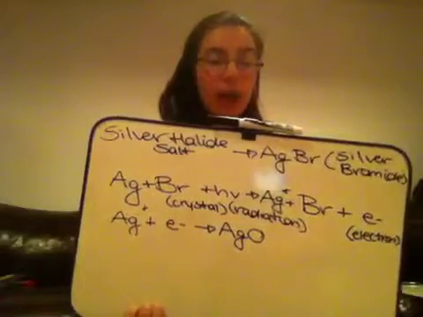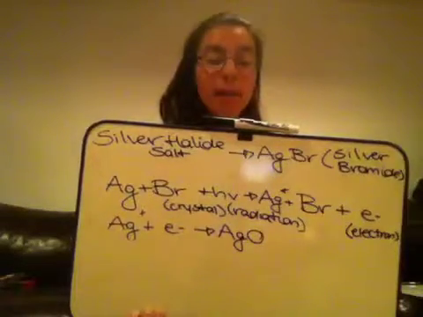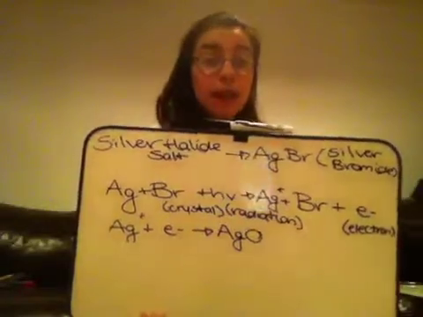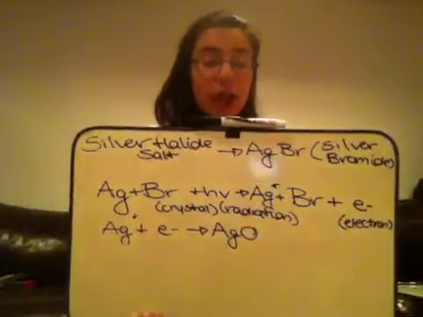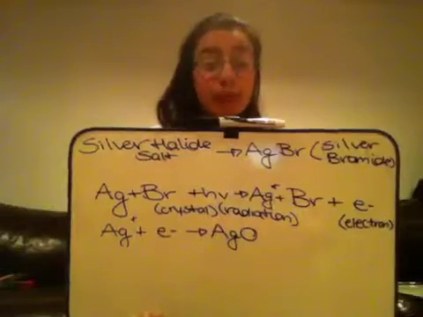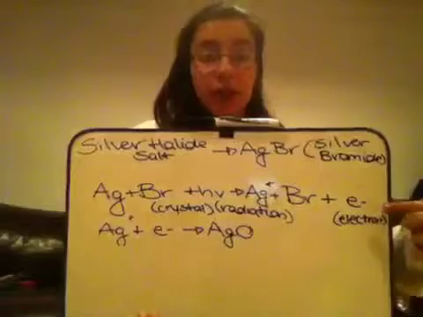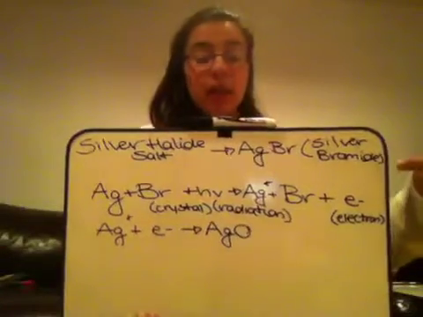Then that becomes Ag plus, which means it has a positive charge, and Br, and you have an electron. That's what the e is. If you see over here, that's e minus, electron negative.